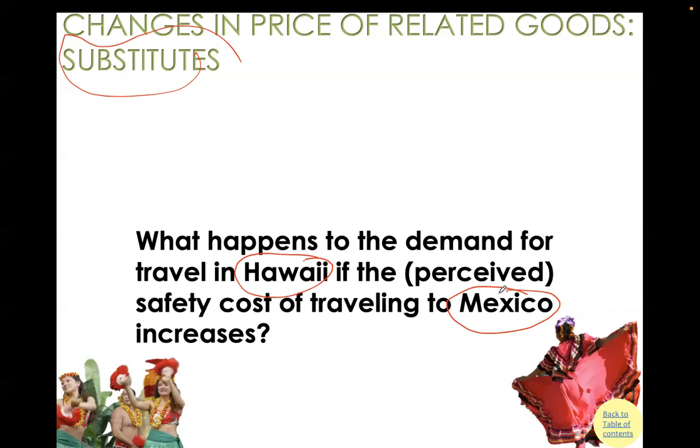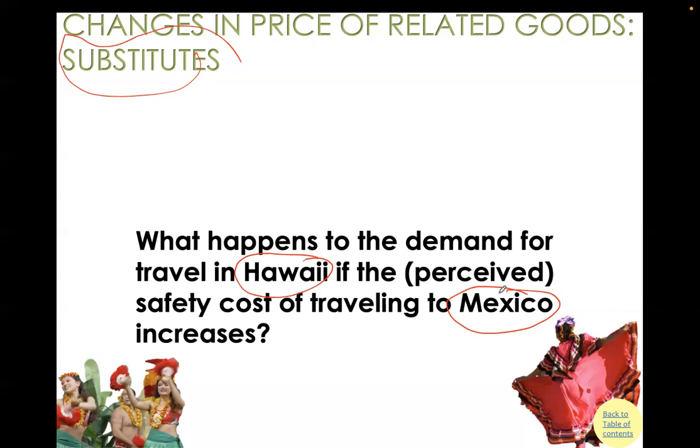Now, once we understand they are substitutable, let's see how the price of one is going to affect the demand for the other. If it becomes more costly to travel to Mexico, first of all, what would happen to the demand for traveling to Mexico? It goes down, right? This is the law of demand.